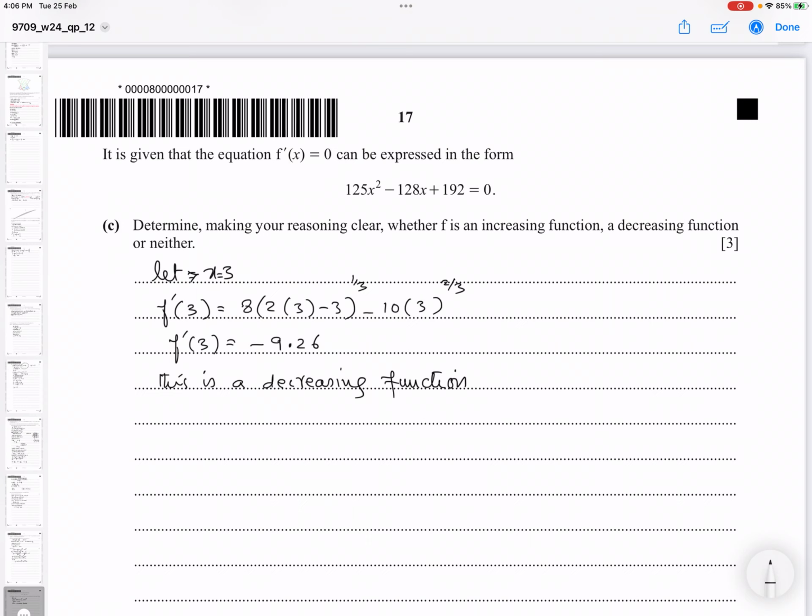Because if f prime x, which means differentiation, is greater than 0, it's an increasing function.